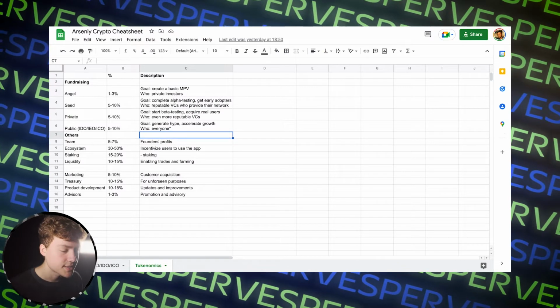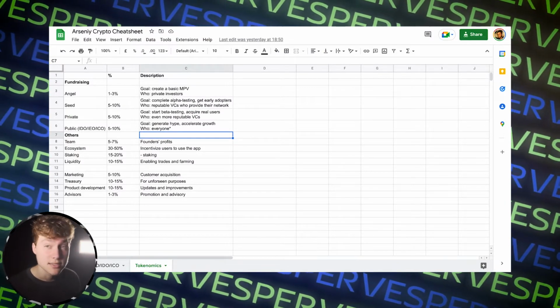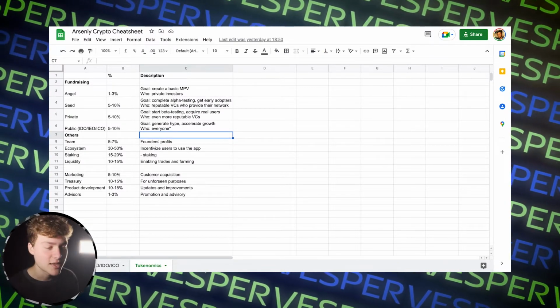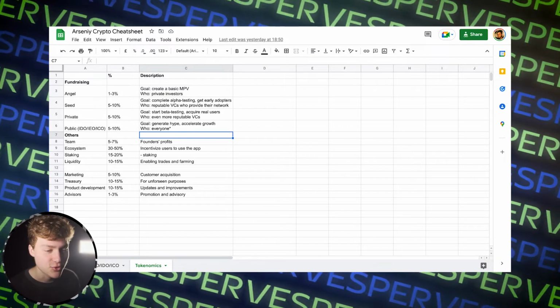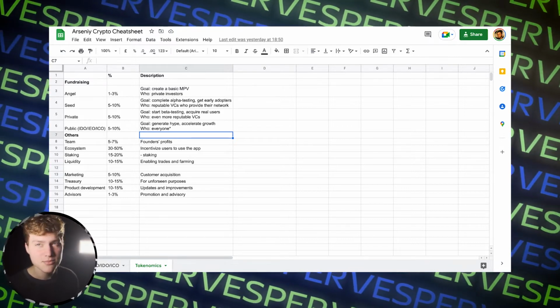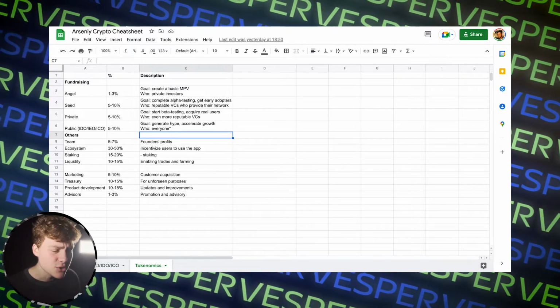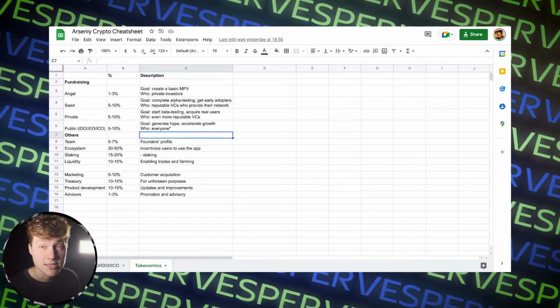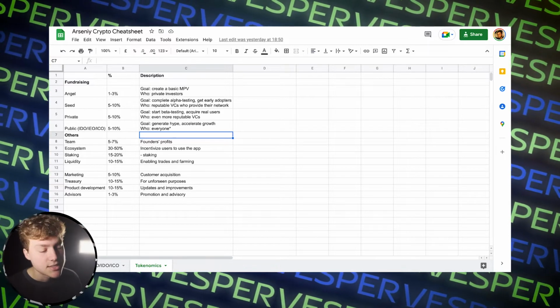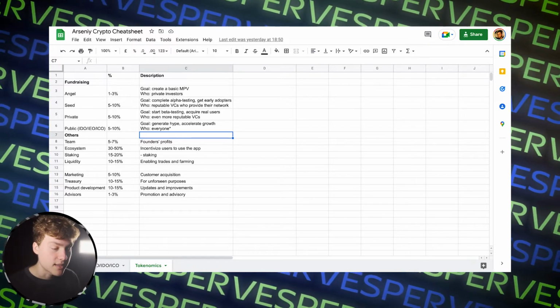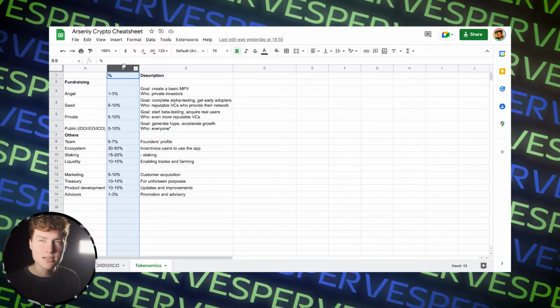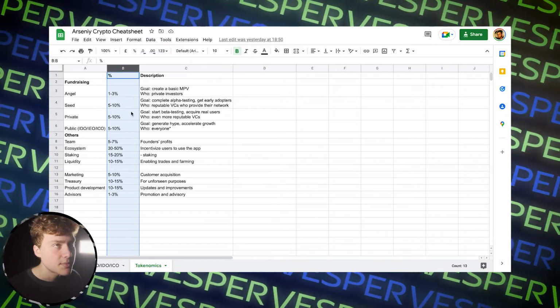Now, another facet of token distribution is the team, because we are living in capitalism and no one is doing stuff just for the benefit of society. I mean, there are some projects like that, but most of the time there is some profit incentive, and also employees that work for the project need to get paid. So usually 5 to 7%. Again, this percentage is not about possibilities of what a project can have, it's about what it should have.